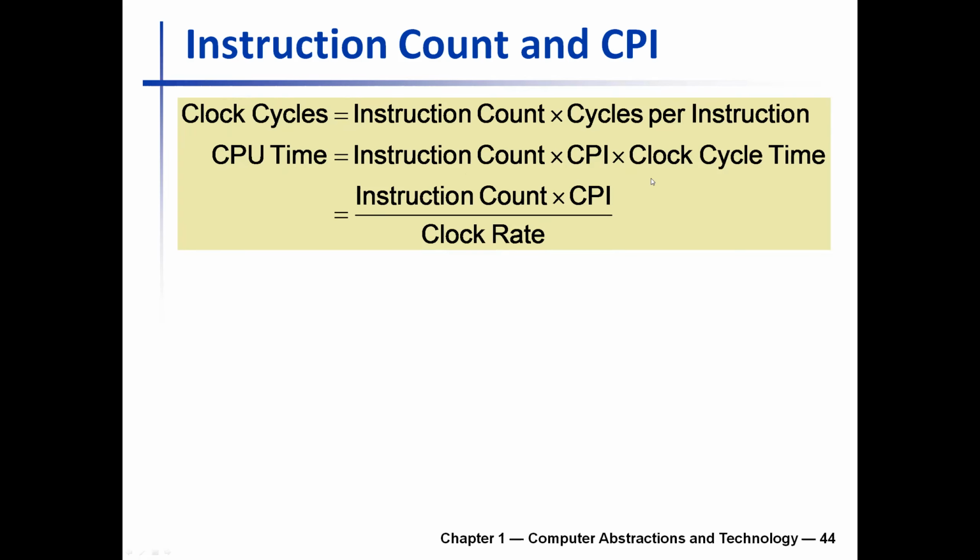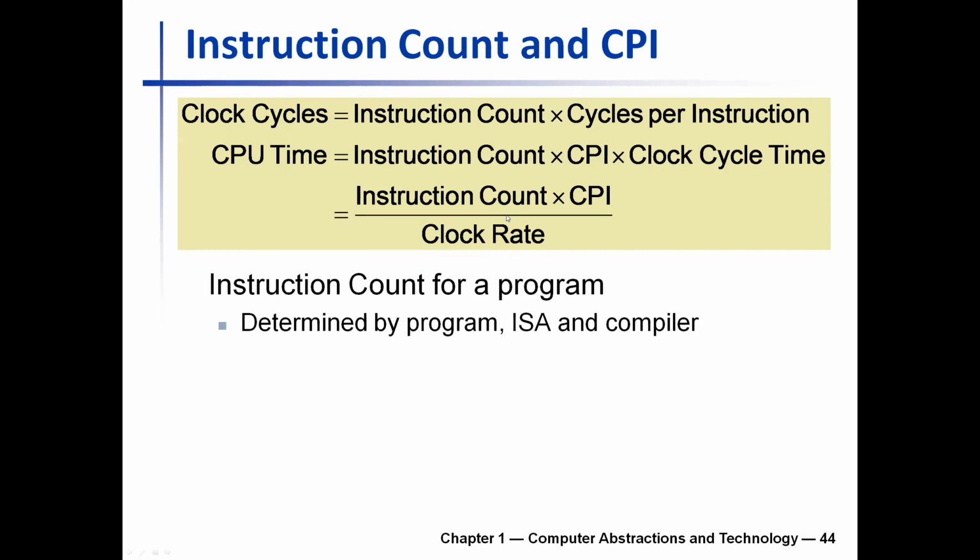If we use the clock rate instead of clock cycle time, we can rewrite it like this. The instruction count, the number of machine instructions in a program, is decided by the program itself: the algorithm and how you write your source code, as well as the instruction set architecture, which defines the available instructions you can break this program down into, and also the compiler.